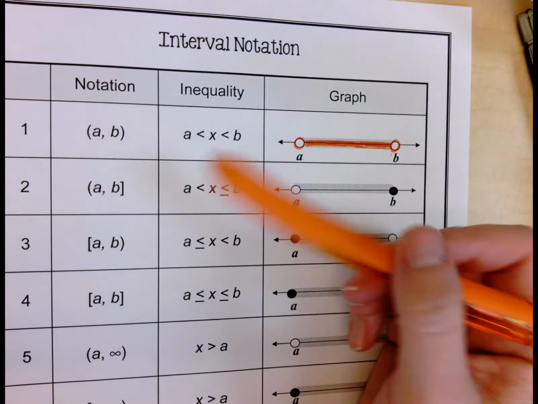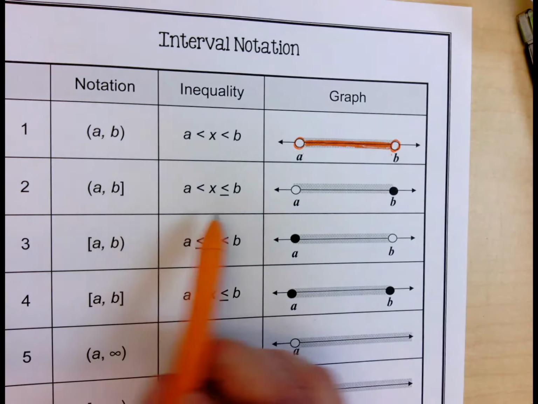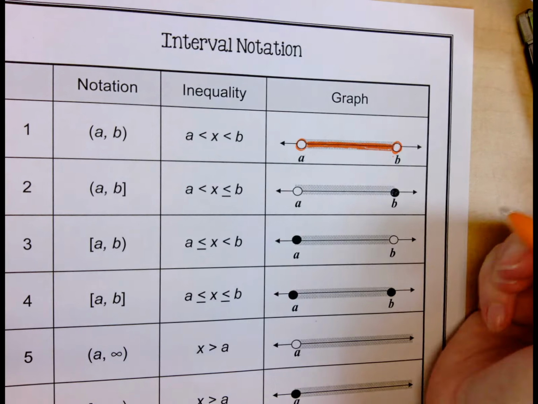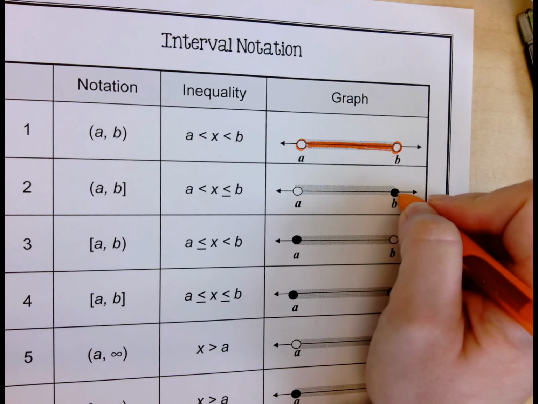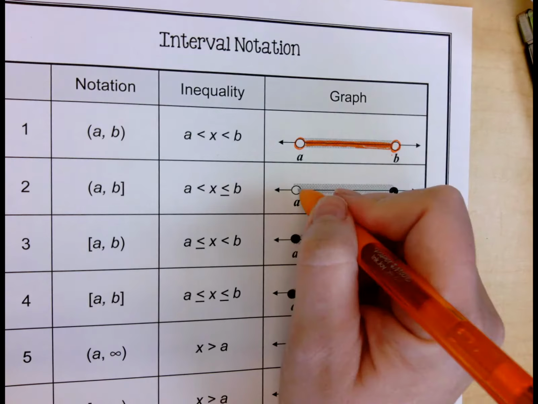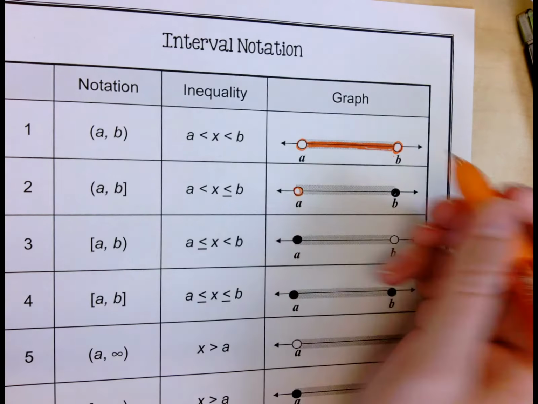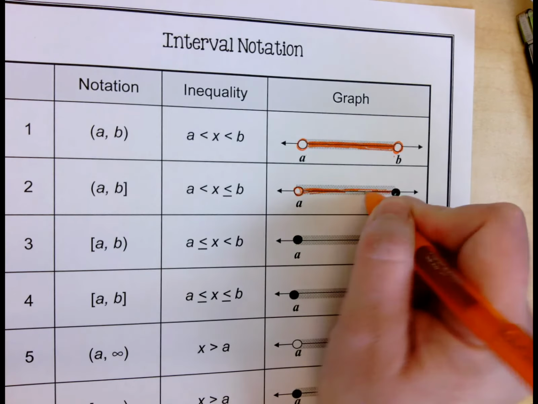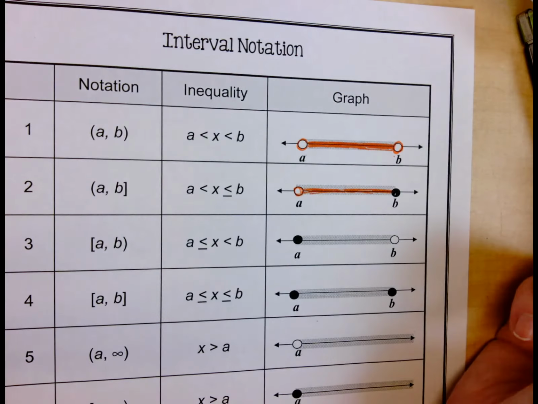Okay. If you look at number 2, the second example, here B has a colored in circle, and that means that B is part of the data. This number is part of the data that we're looking at. This number is not. And then everything that you can imagine in between those two numbers is also part of the data.